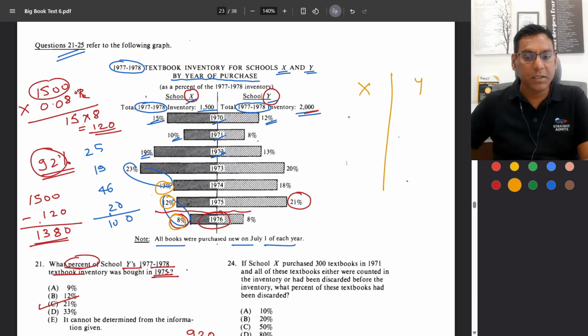So that is 33%. And for Y, 74, 75, 76 is going to be 29 plus 18, so that is 47%. Are the numbers making sense?